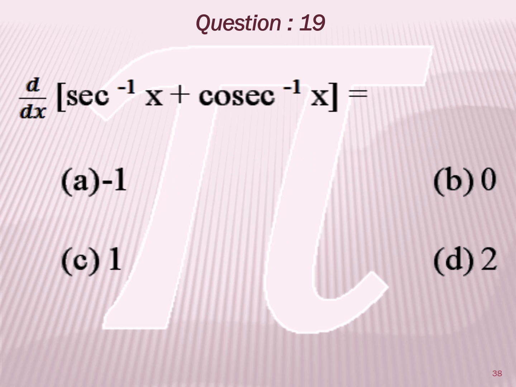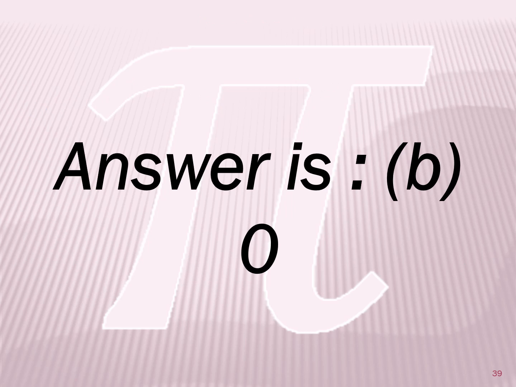Derivative of secant inverse x plus cosecant inverse x is equal to option A minus 1, option B 0, option C 1, option D 2. Option is option B, that is 0.